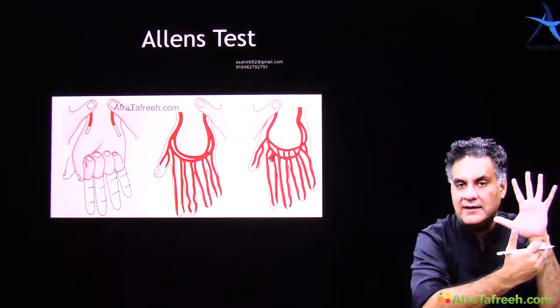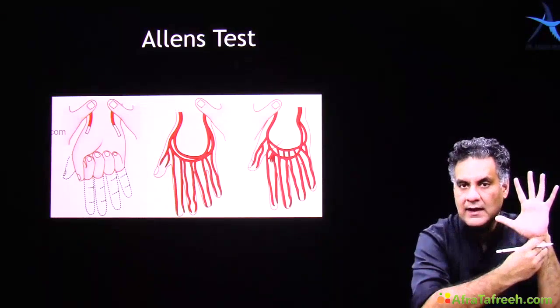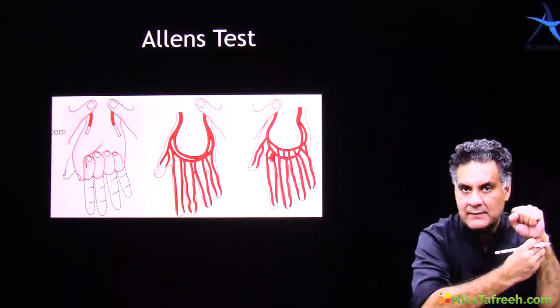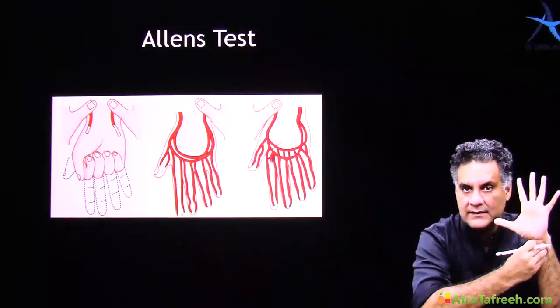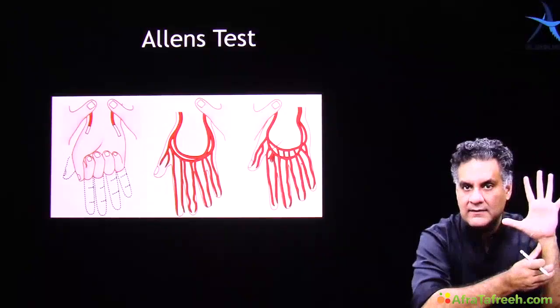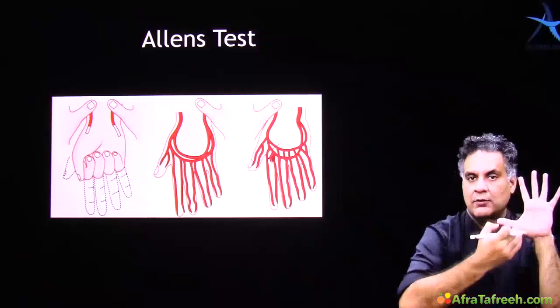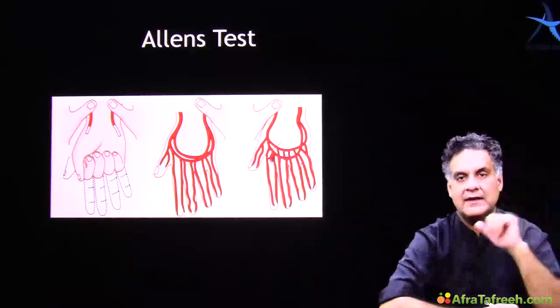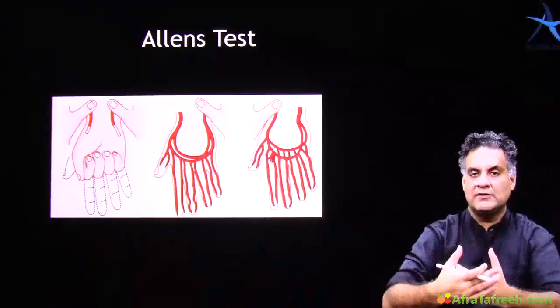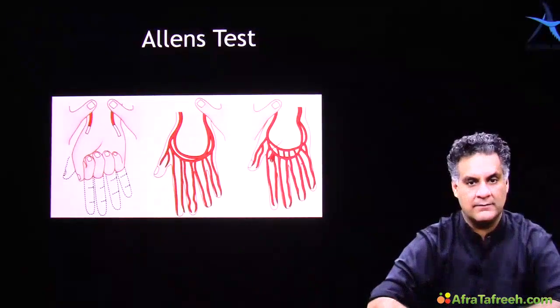It means there is a patent radial artery. Again, press it, make a fist, it will become white. Then release the ulnar artery and it will become red. It means that both the arteries are patent and there's a possibility of doing the cannulation.